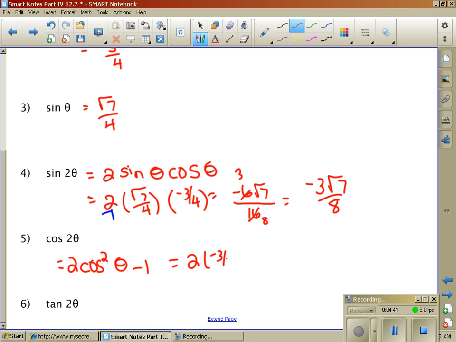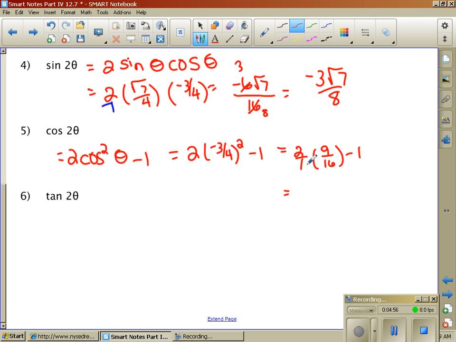So negative 3 over 4 squared minus 1. So 2 times, 3 over 4 squared is 9/16. 2 times 9 is 18. 18 over 16 minus 1. Change our 1 into sixteenths, so 16 over 16 equals 2 over 16, or 1/8.